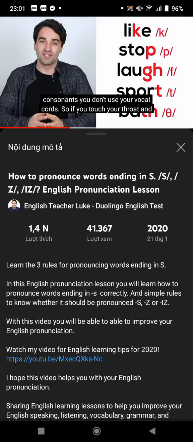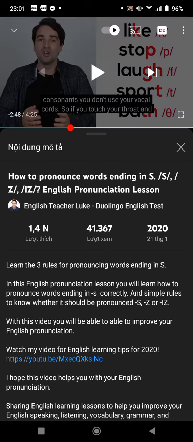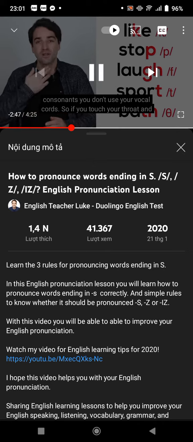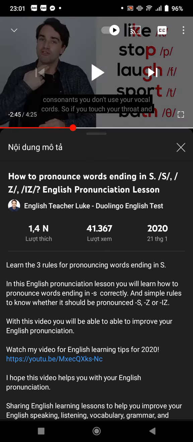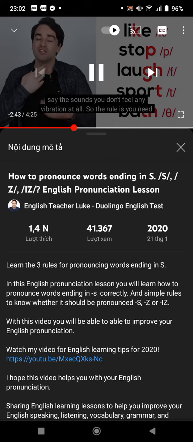With unvoiced consonants, you don't use your vocal cords. So if you touch your throat and say the sounds, you don't feel any vibration at all.